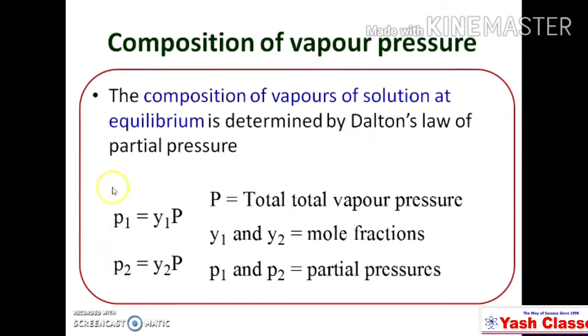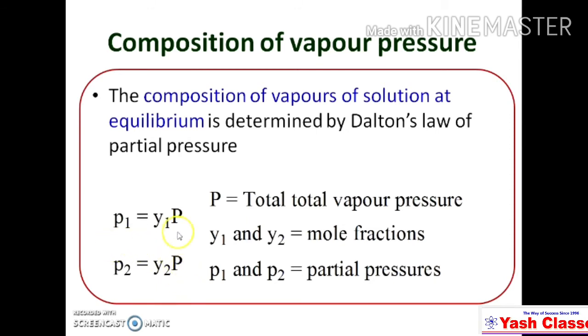So according to Dalton's law, when we simplify it, partial pressure of component 1 is equal to mole fraction of that component into total pressure, or partial pressure of component 2 is equal to mole fraction of the second component into total pressure.